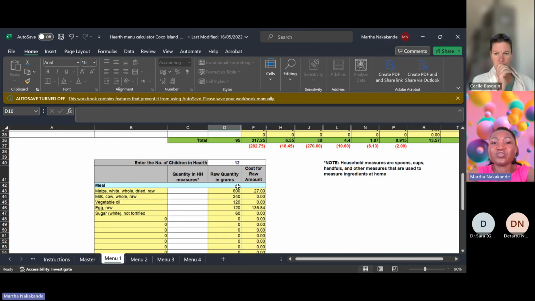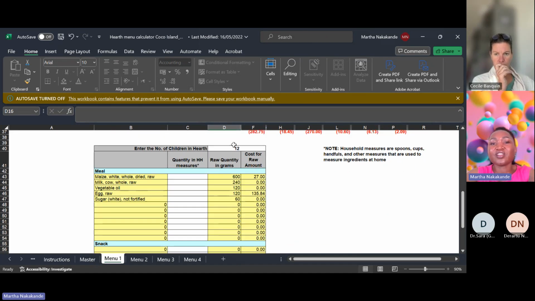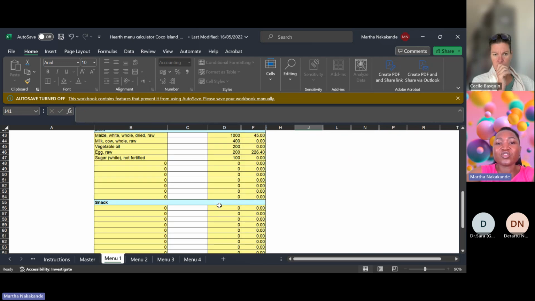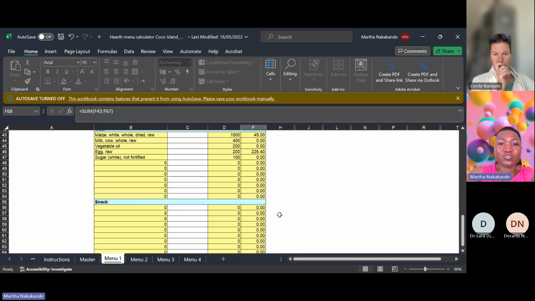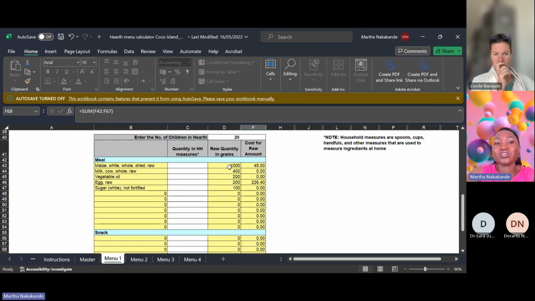I'm not going to go into details of this because this is just the calculation for 12 children who are in the PD Hearth. So in your case, if you're going to do a cooking demonstration and your demonstration is maybe 20 children, then you put 20 here, and it will calculate for you the amount of money you will be spending on 20 children during that demonstration, and the quantities you're going to need for the food items that you mentioned above.